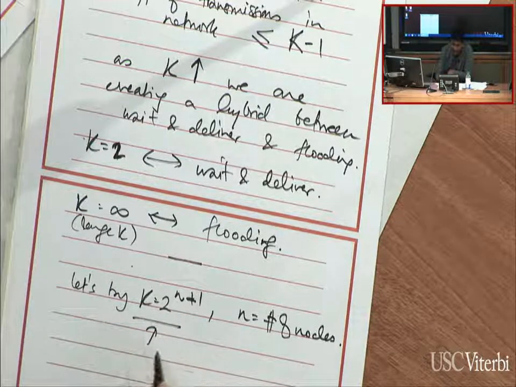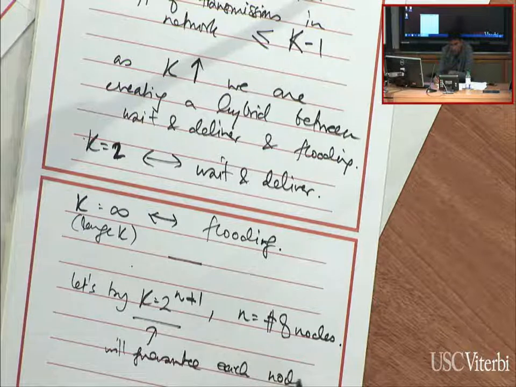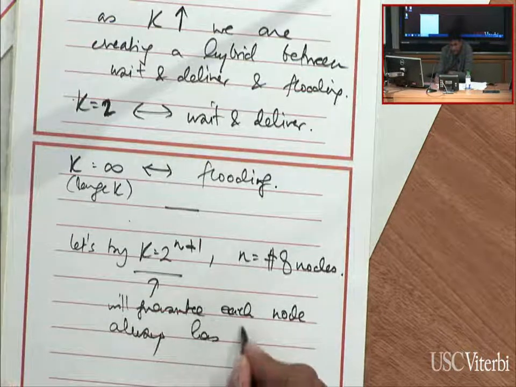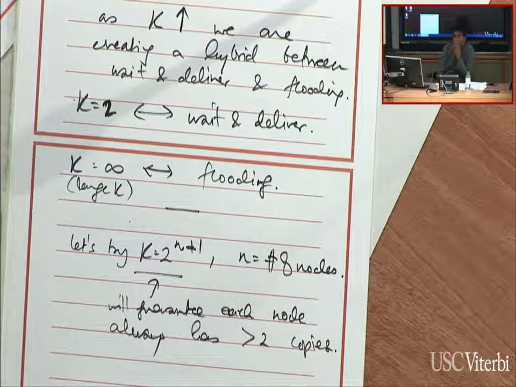But this will guarantee each node always has greater than 2 copies. Because every time you encounter someone, you would reduce your copy by a factor of 2.